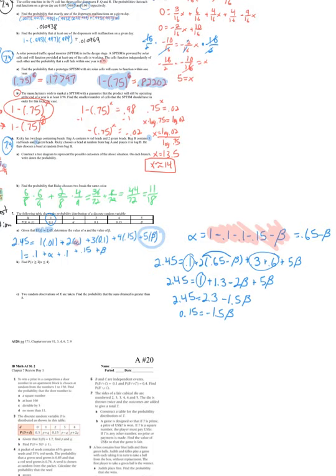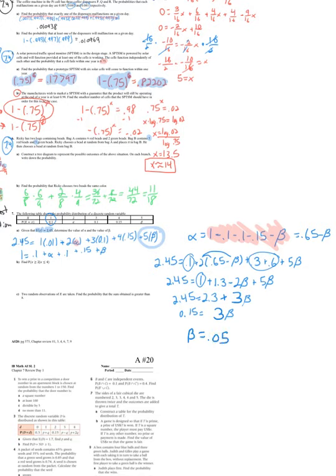So that should make it, instead of a negative 1.5 beta, a plus 3 beta. And that means beta equals 0.05.